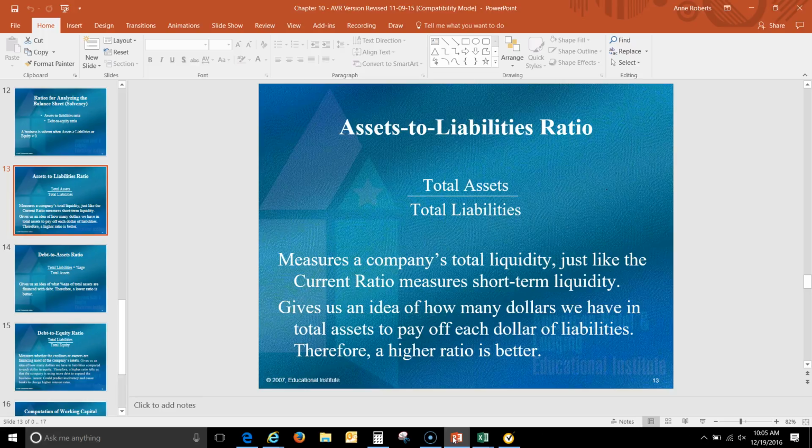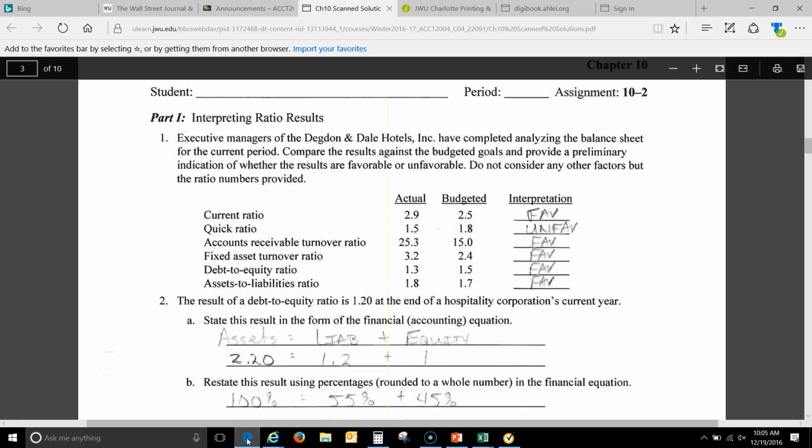If we had to shut everything down, how many dollars in assets do we have to pay off all those liabilities? So higher is better. It is actually favorable, just slightly. We were anticipating $1.7 in total assets, but we ended up with $1.8 in total.